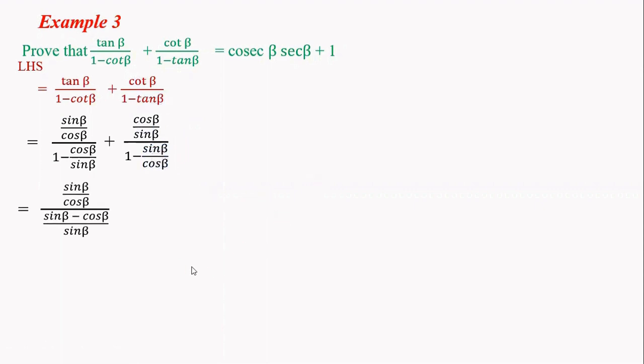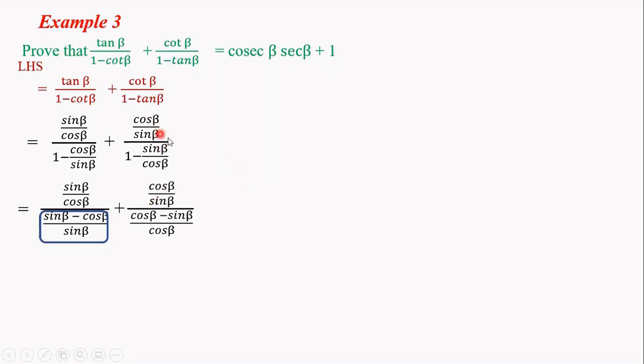Moving on to another step, the numerator is copied as it is, sine beta upon cos beta, and in the denominator portion we do LCM here. In this denominator portion we have sine beta as LCM, and 1 is multiplied with sine beta and cos beta here. In the second term also, we do the same procedure.